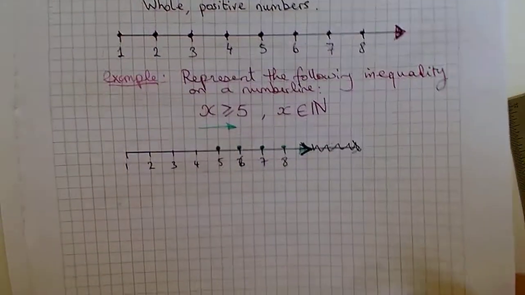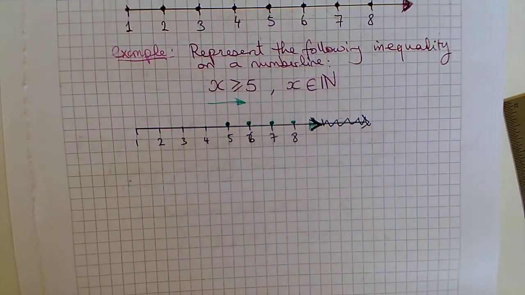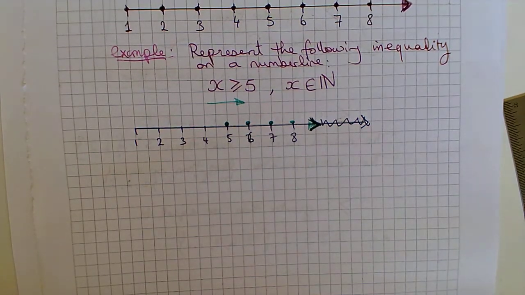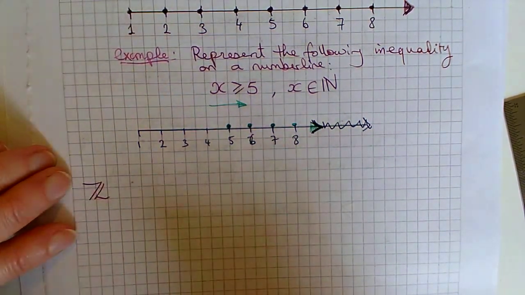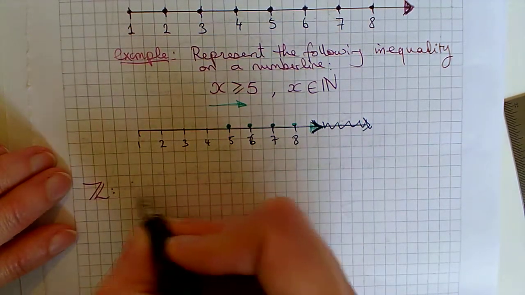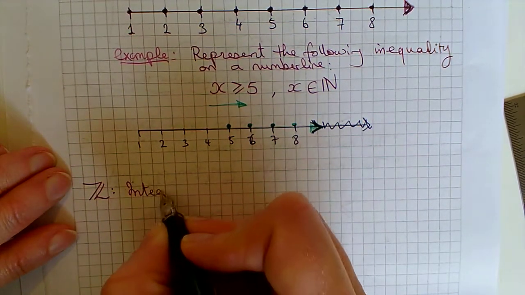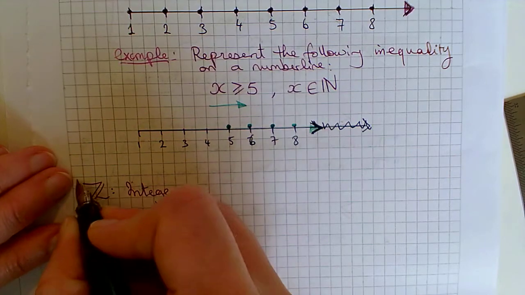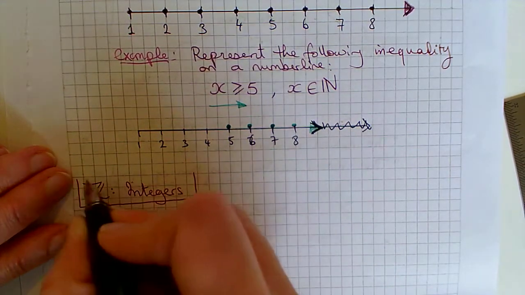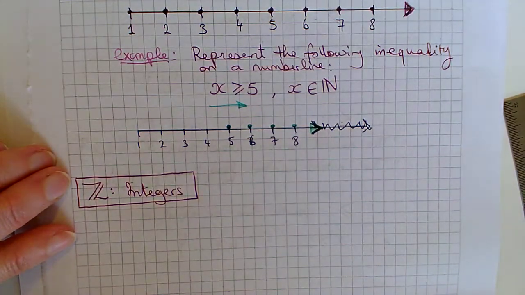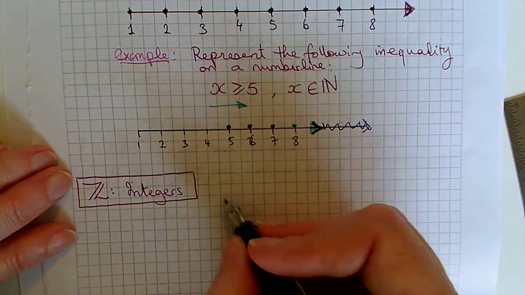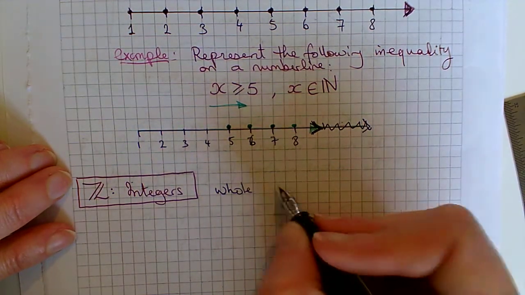Let's take a look at the next set of numbers. Well, we're also interested in whole numbers that could be negative, and these are called the integers. So they're represented by the letter Z, and they're called the integers. And again, you have seen that word before, but you mightn't remember. So the integers are whole numbers only, no decimals, no fractions.